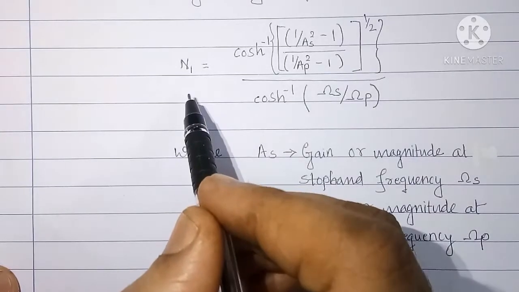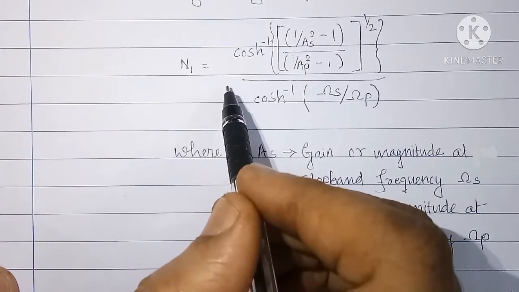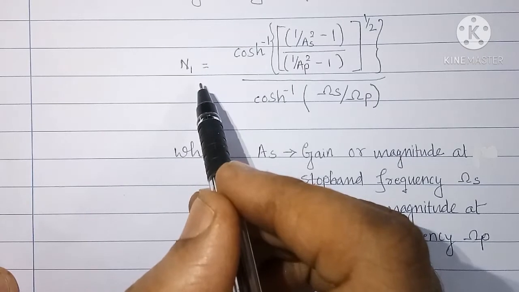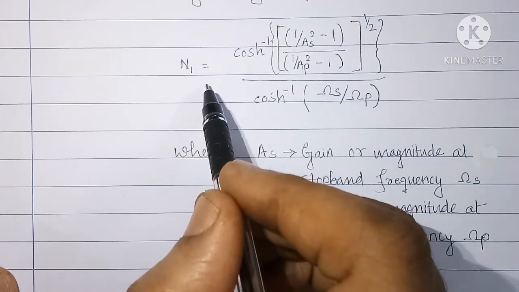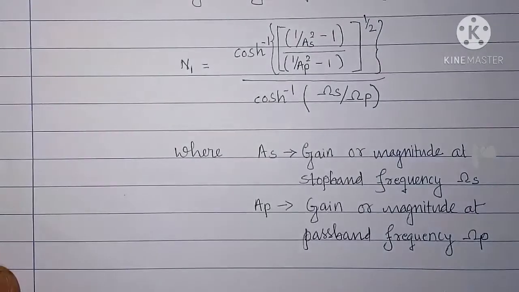If N1 is in fraction or in decimal number, then we have to convert that to nearest positive higher integer, and then we have to call it as capital N.